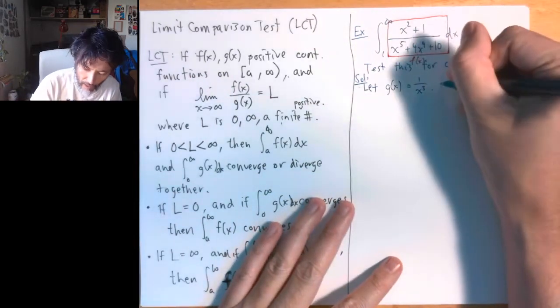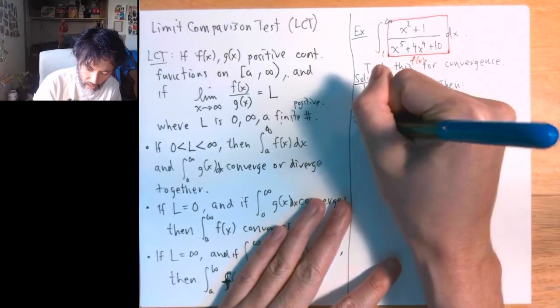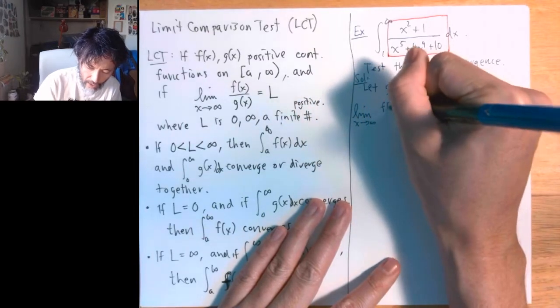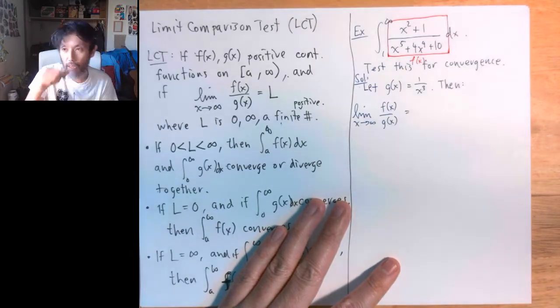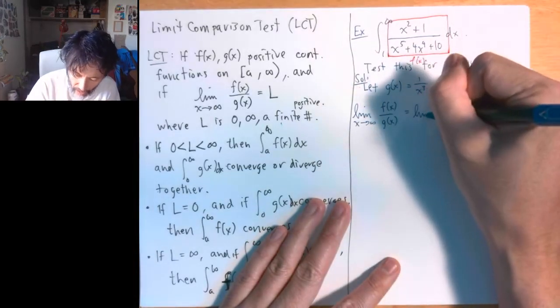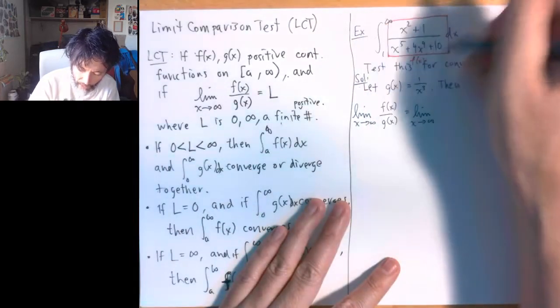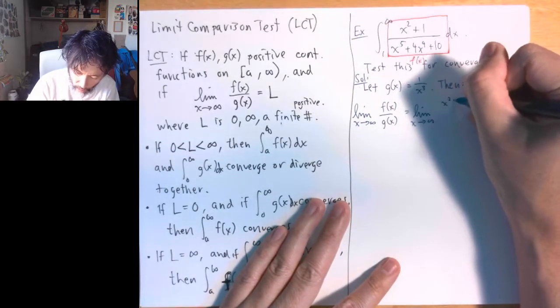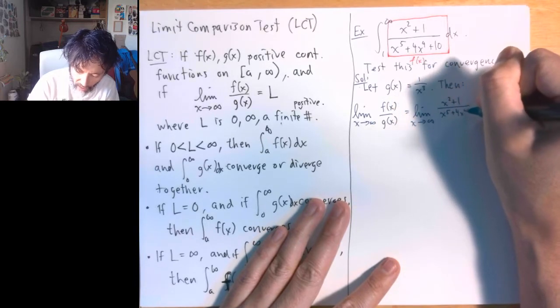Okay. Then the limit as x goes to infinity of f of x over g of x, what is this? Well, it's kind of a mess, but let's see what it is. It's the limit as x goes to infinity of, upstairs in the numerator, we're going to have this crazy guy, x squared plus 1 over x to the 5th plus 4x to the 4th plus 10.